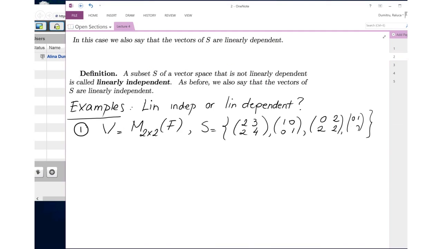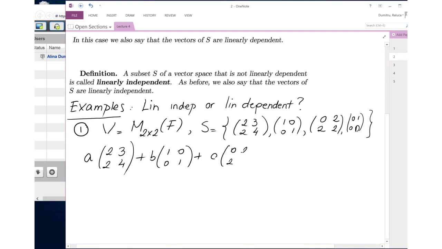Is it possible that a scalar times the first matrix, plus a scalar times the second matrix, plus a scalar times the third matrix, and plus 1 times the last matrix will give you the zero vector? What's the zero vector in my vector space?